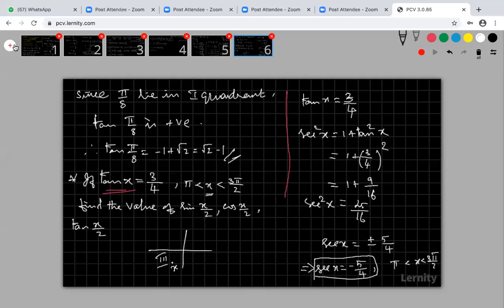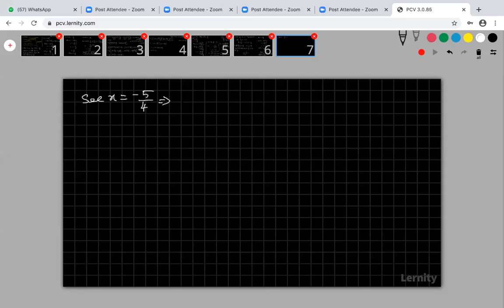If secant x is minus 5 by 4, which implies my cos x, what is my cos x? Minus 4 by 5. Right. What is my sin x? My cos x is minus 4 by 5.